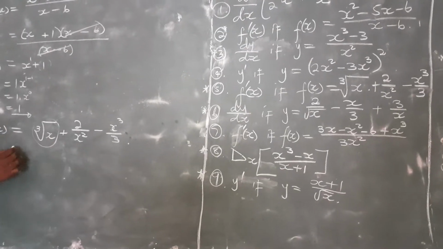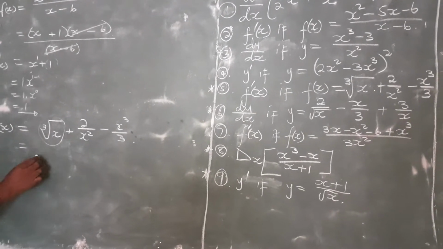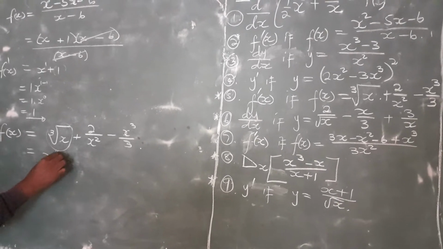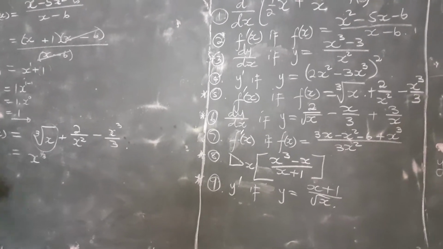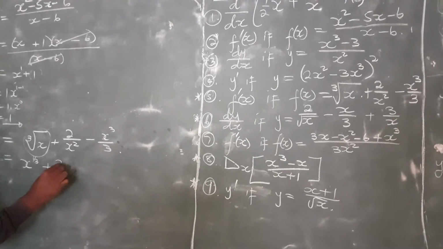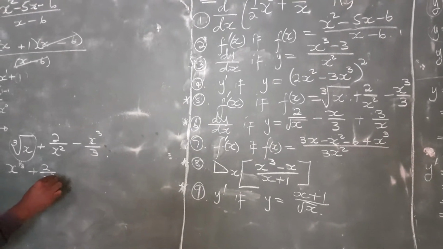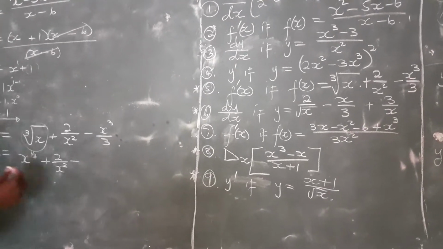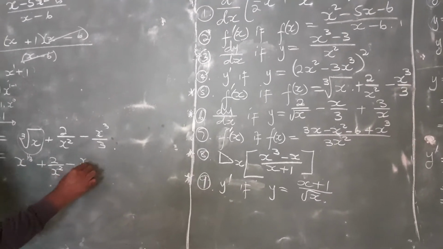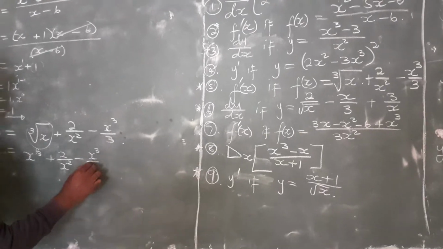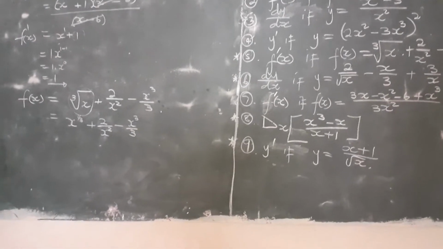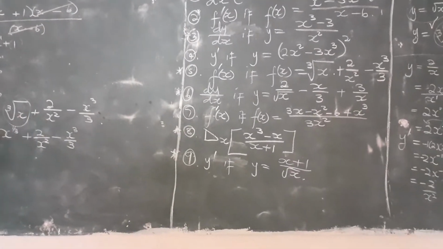When you change it to x to the power of something, in exponential form this is x to exponent 1 over 3 plus 2. As I said, we don't need x as a denominator; we don't need anything in the denominator before we can differentiate. So everything must be in terms of x, so this must change.